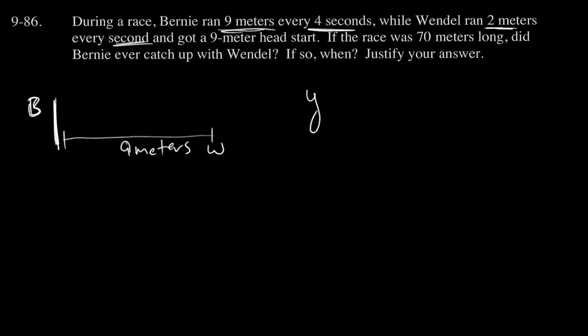For Bernie, his distance from the start is equal to 9 meters every 4 seconds, so every time x increases, y increases by 9 fourths. 9 meters every 4 seconds times how many seconds gives me meters. Meters per second times seconds gives me meters. Plus no head start. I could put plus 0, but I don't need to.